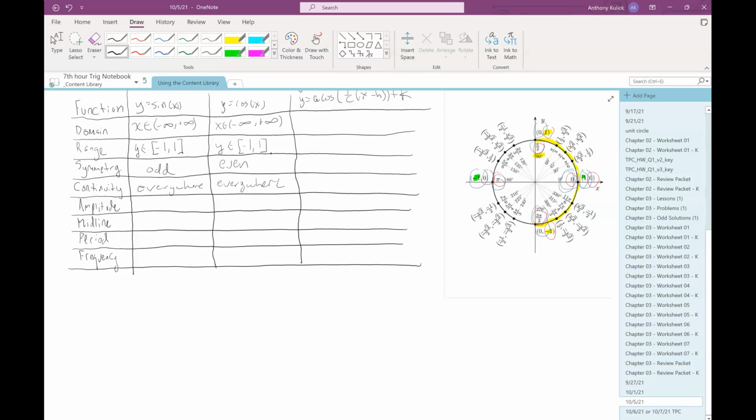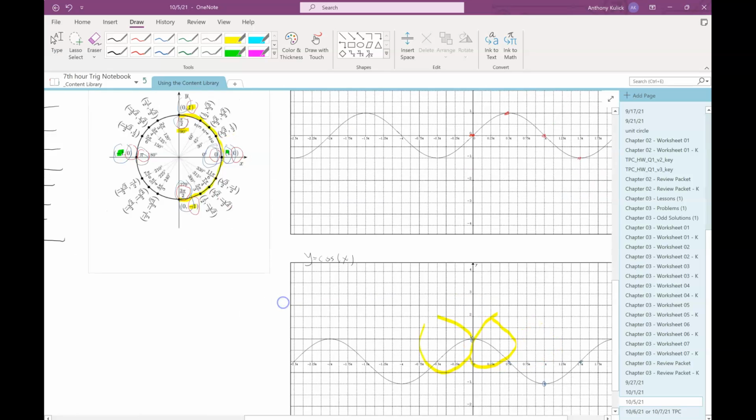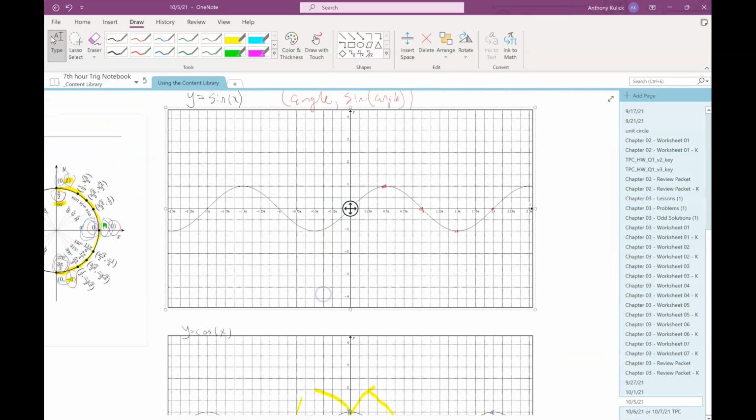Okay. Next up are these four that maybe are unfamiliar sounding words. We're actually going to talk about the midline first. So let's talk about what we mean by the midline. The midline is basically a horizontal line that's going to divide the graph into two even pieces.